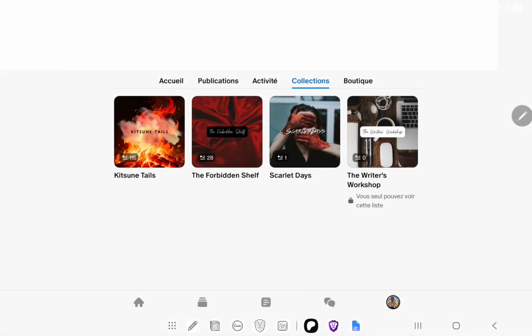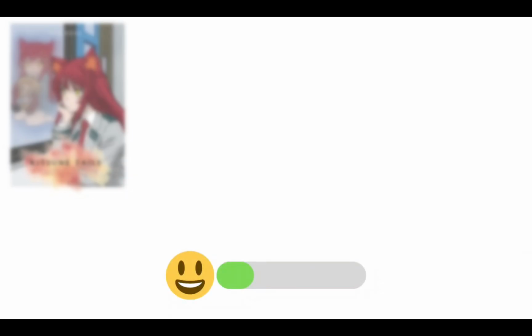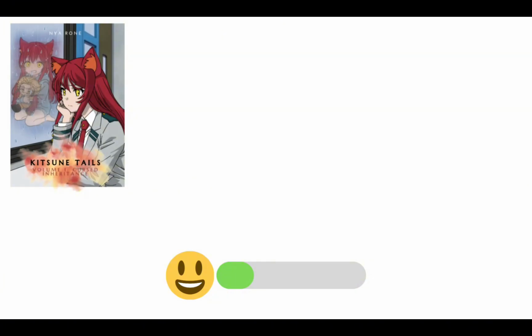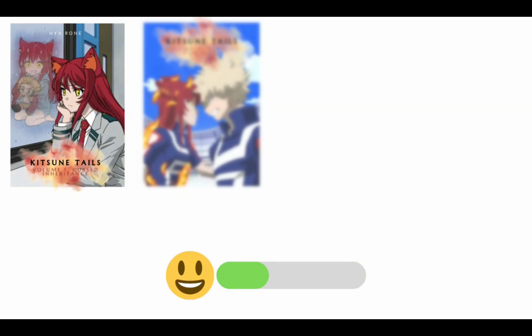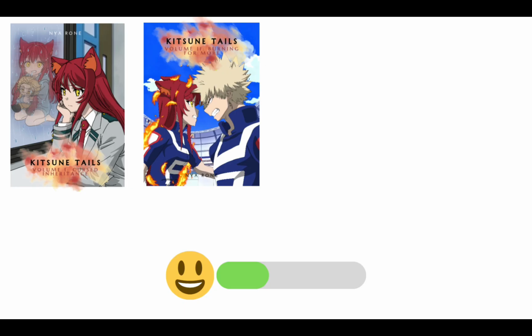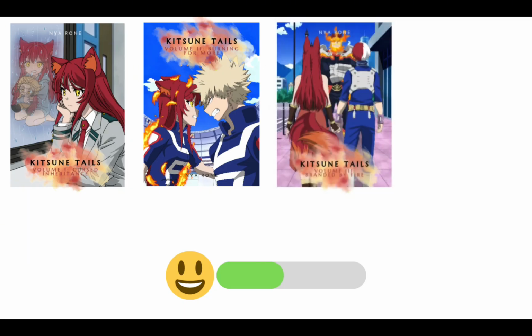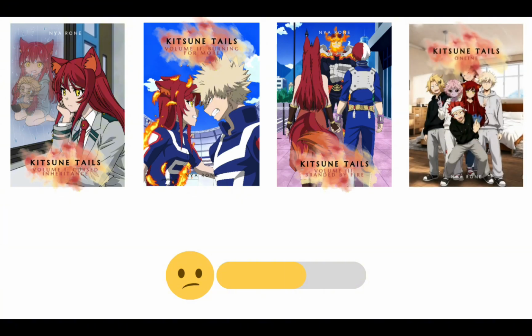Now, let's talk about collections, because my approach to this has actually changed over time. When I first started organizing my Patreon, I made a collection for pretty much everything. Every volume, every project, every little category had its own collection.